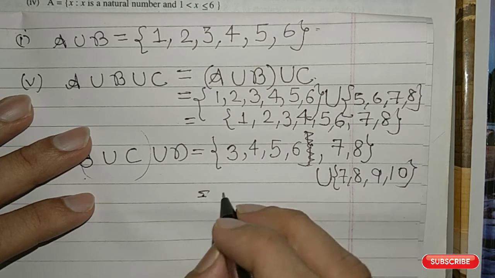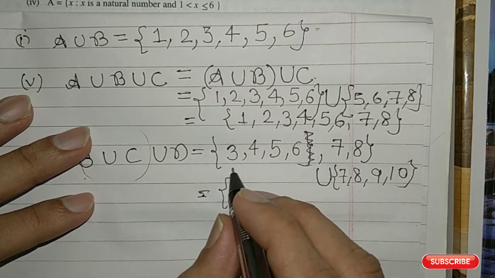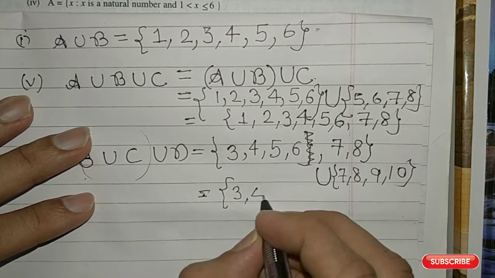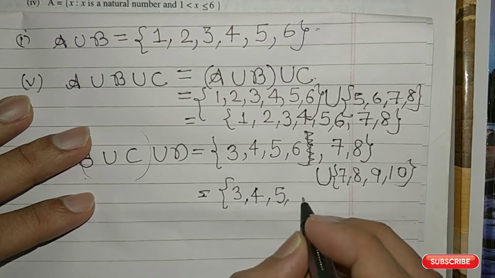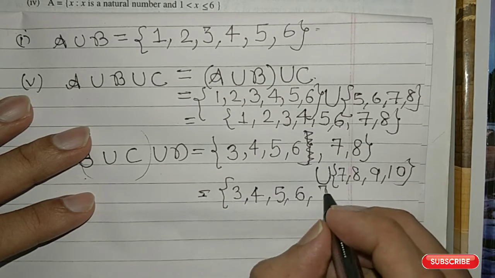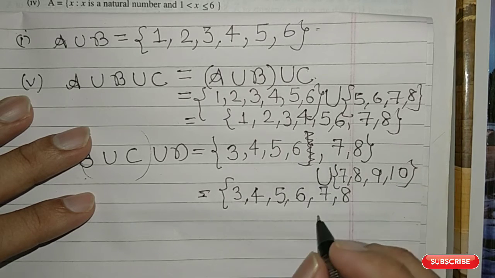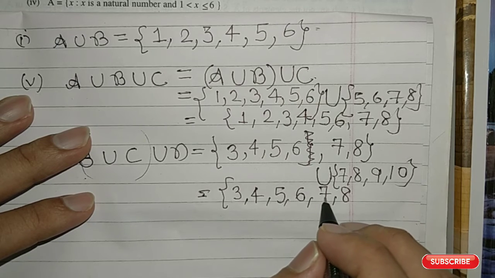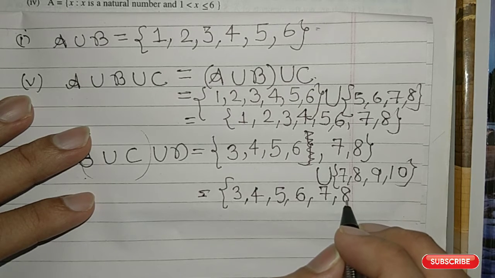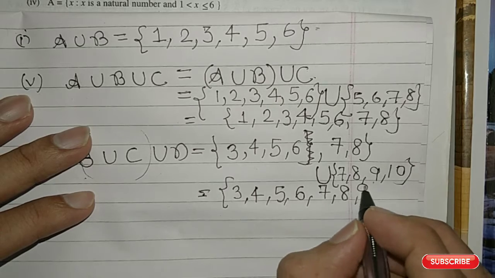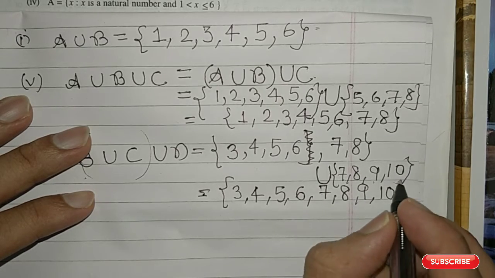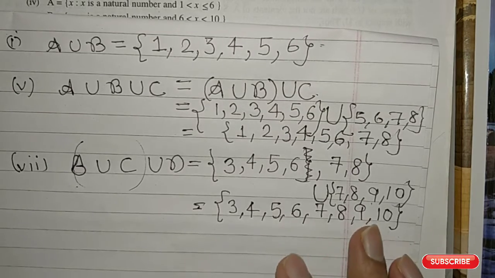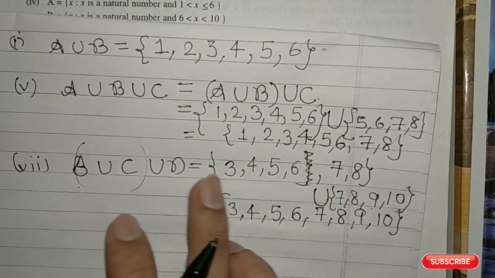So you will write all the elements of the first set, 3, 4, 5, 6, 7, 8. Now you have to go to the second set. Element 7 is already written, and 8 is also already written. So you have to write 9 and 10. Okay. So this will be the set B union C union D.